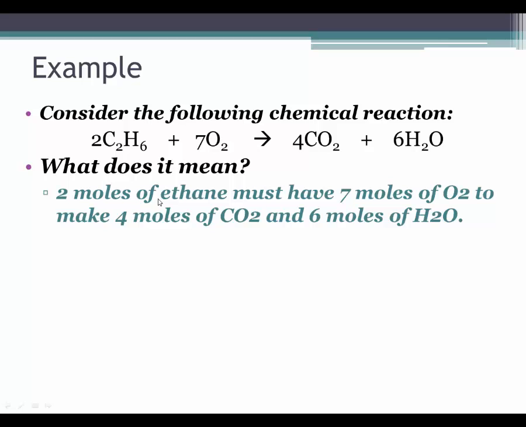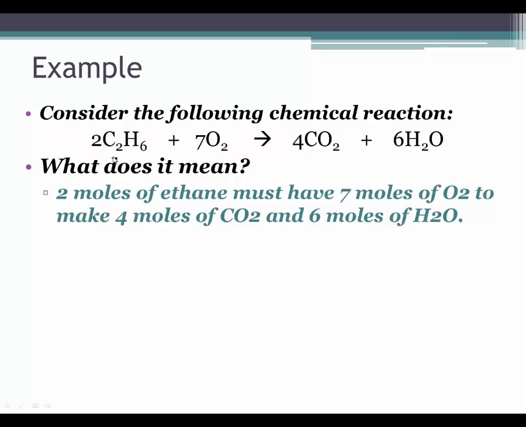But we usually don't deal in moles, we usually deal in masses. So we know how much mass of ethane we have or how much volume of ethane we have. And we want to know what volume or what mass of oxygen we need to react with that mass of ethane. But this balanced chemical equation gives it to us in moles.